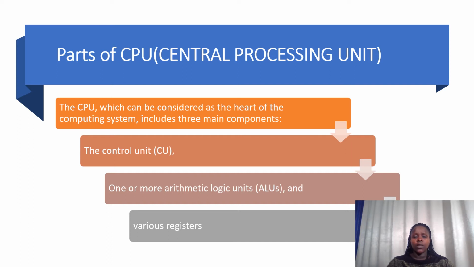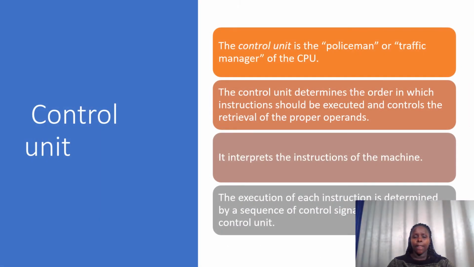The second one is one or more arithmetic logic units, and the last one is the various registers. Let's look at them one by one and see more explanation of the function of each component in the process of instruction.